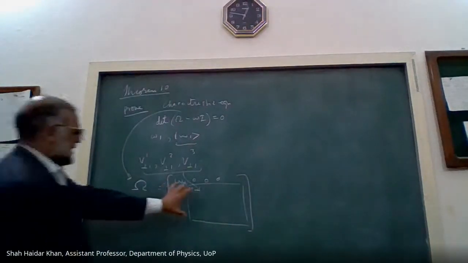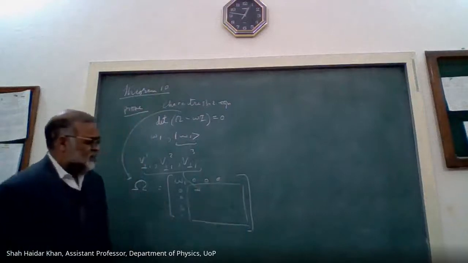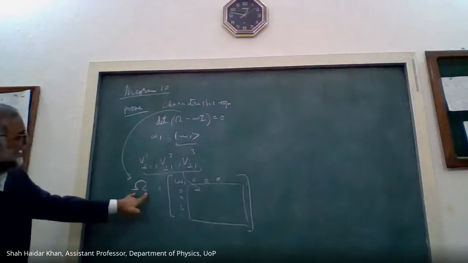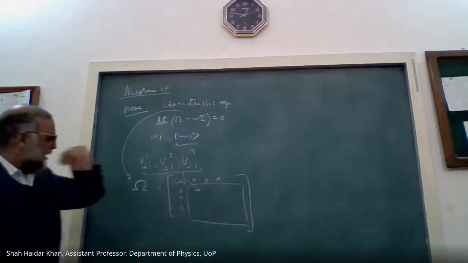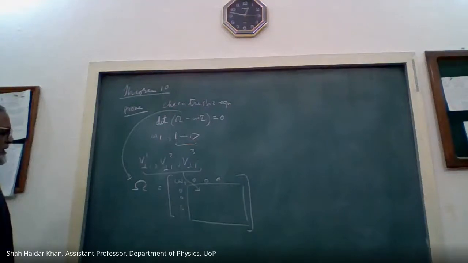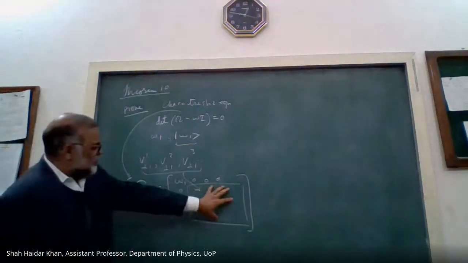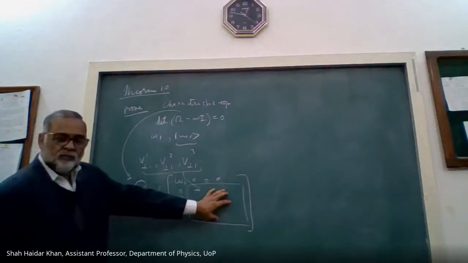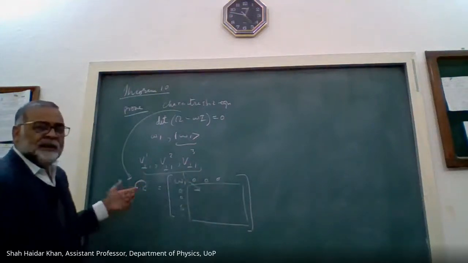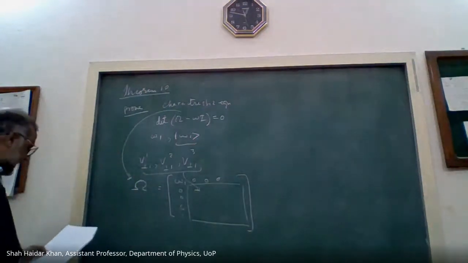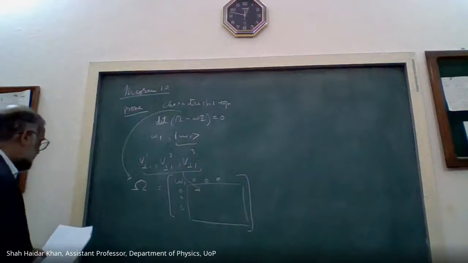We consider this as a submatrix in which this omega can operate. Right? So for this, if we want to solve the eigenvalue problem, we will write again a characteristic equation, or we can write a characteristic equation, right?